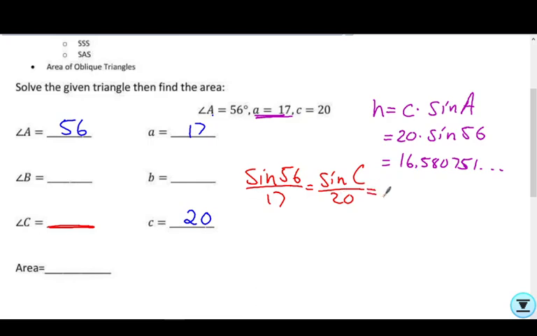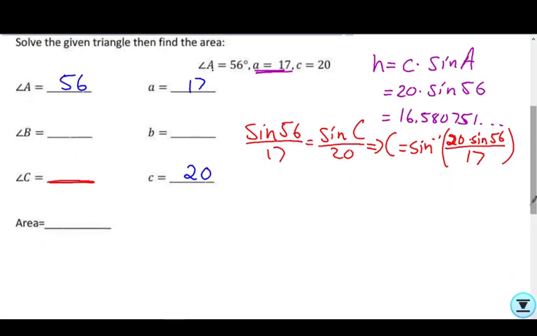Then we cross multiply and divide, and we get C equals sine inverse of 20 times the sine of 56 over 17. We plug that into our calculator, and it tells us that C is 77.2489... So now I know what angle C is. Angle C is 77.2 degrees.